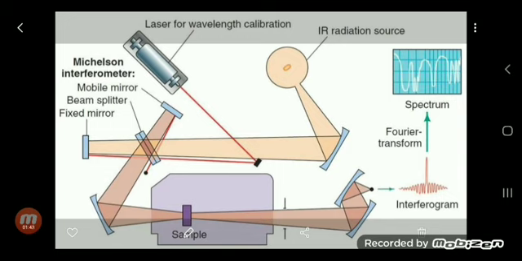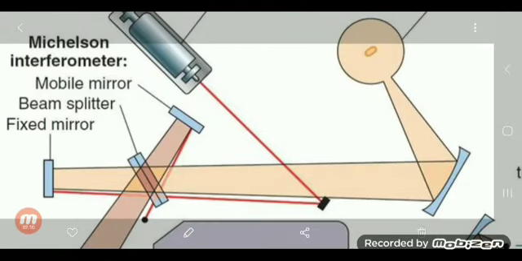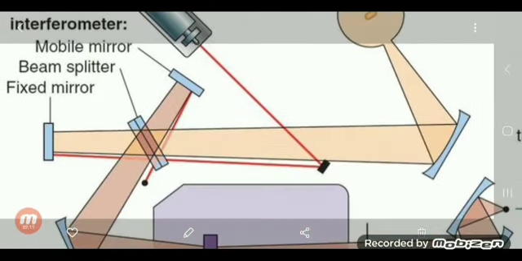So let's talk quickly also about the instrument from inside. FTIR is a Fourier transform spectrometer, and the theory itself is named FTIR spectroscopy. As we see here, we have the laser source and infrared source.